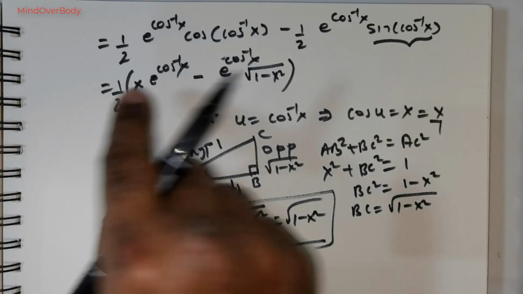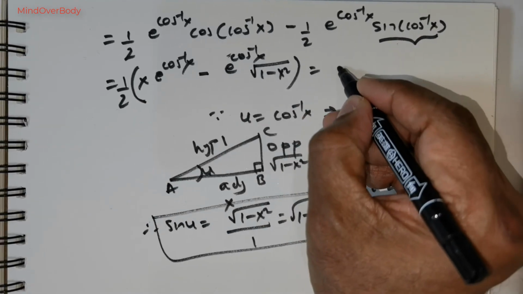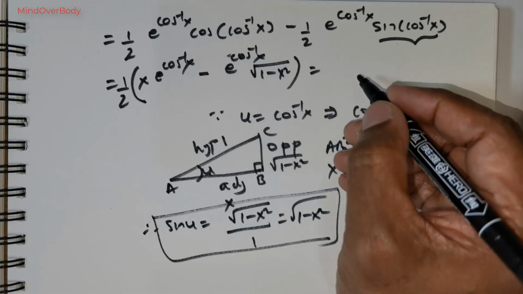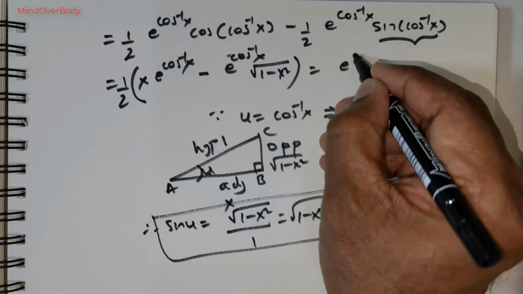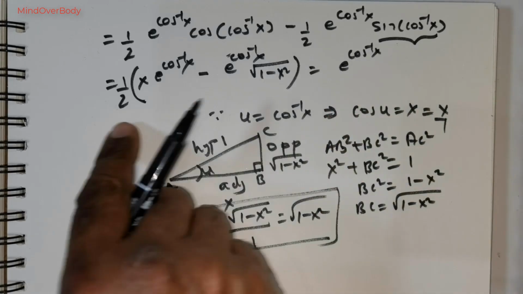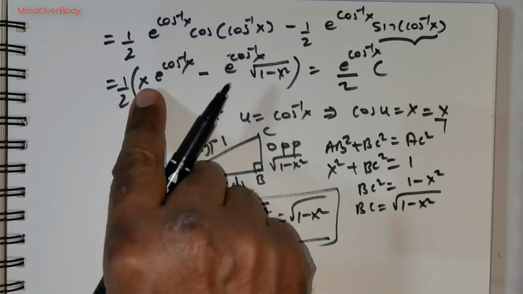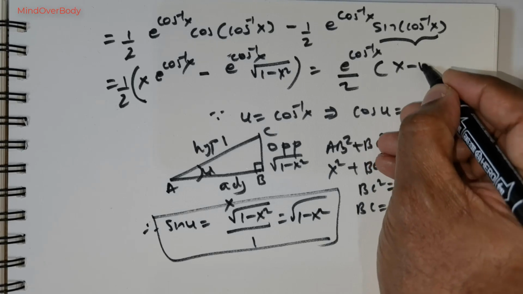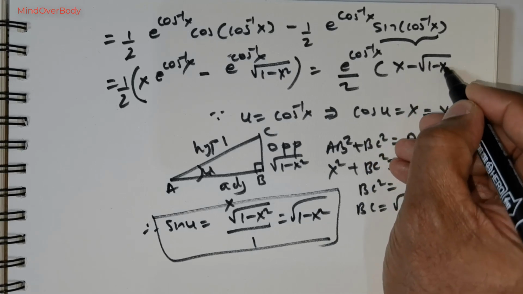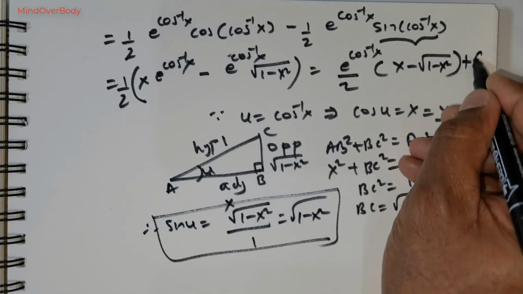I would like to take e raised to the power of cos inverse of x out, so I can write this as e raised to the power of cos inverse of x, divided by 2 times x minus root of 1 minus x squared, plus an arbitrary constant.